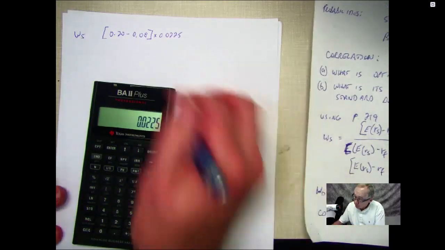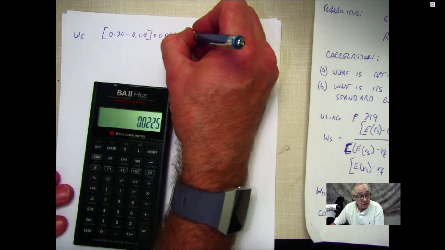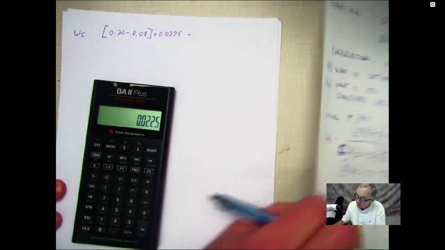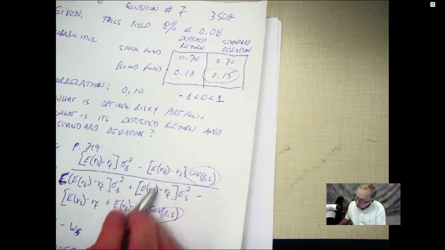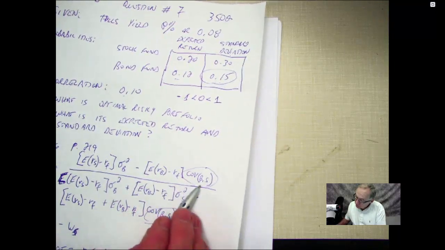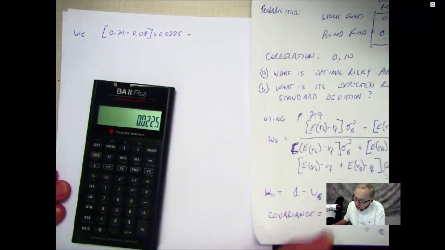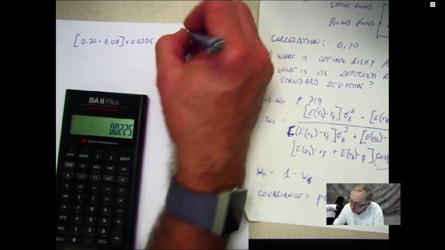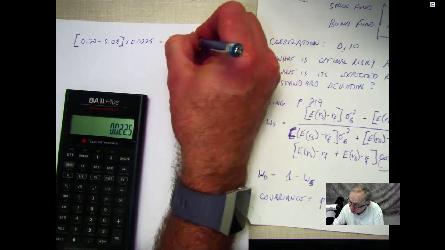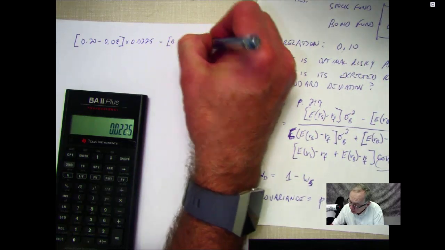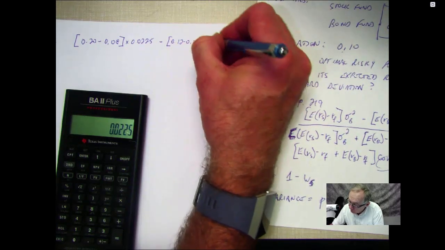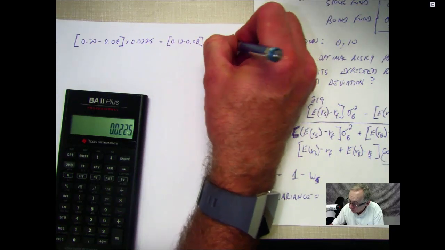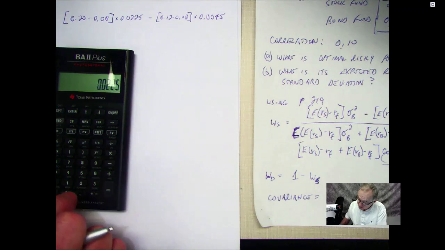Then the rest of our equation asks us to subtract the excess return on bonds times covariance. Excess return on bonds is 0.12 minus 0.08, and we know covariance is 0.0045.